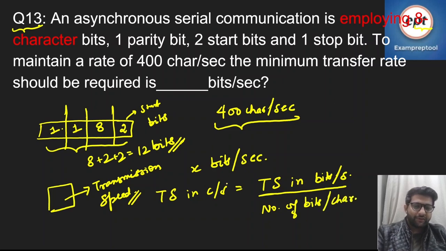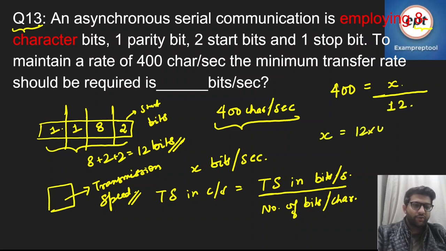So the transmission speed in characters per second is given as 400. This was assumed as x, divided by the number of bits per character, which we have calculated as 12 bits. So the answer will be 12 into 400 bits per second.